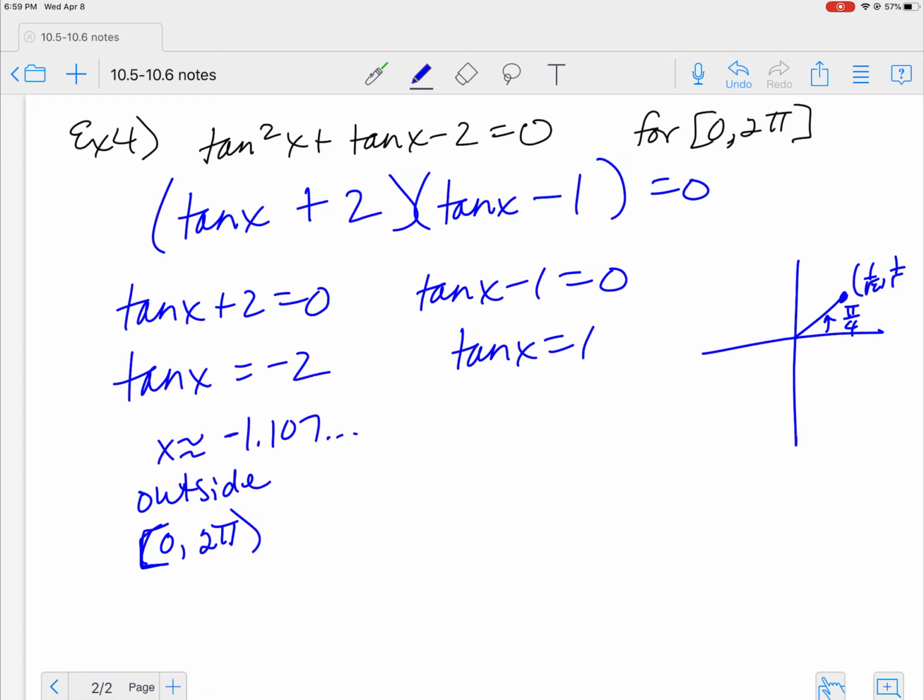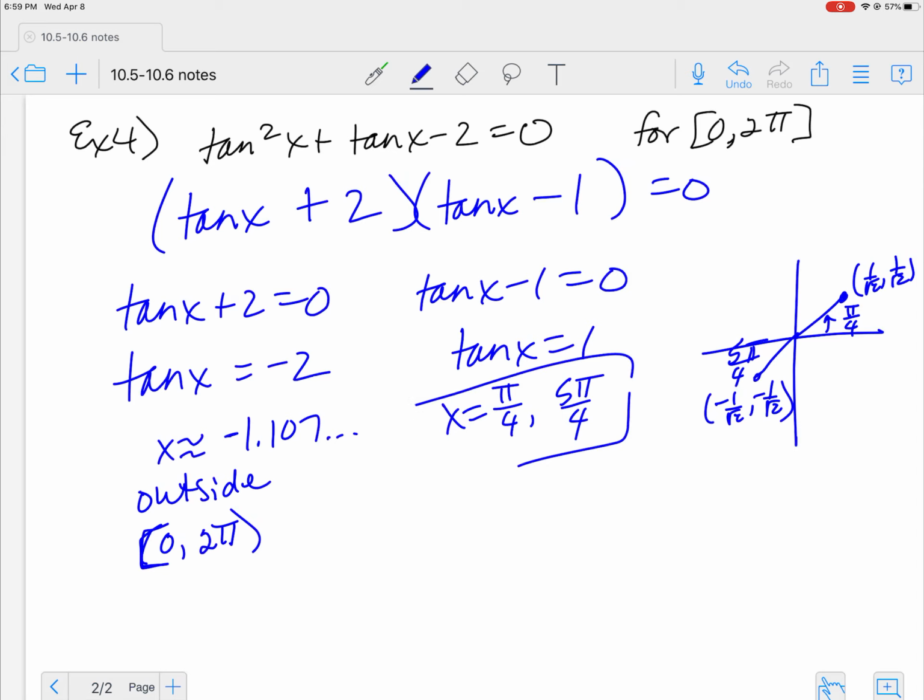Come over here. Tangent of x is equal to 1. So I know where tangent of x equals 1. We literally just did that over there with my degrees. So I know that this is going to be at pi over 4, and down here at 5 pi over 4. So x is equal to pi over 4 and 5 pi over 4.